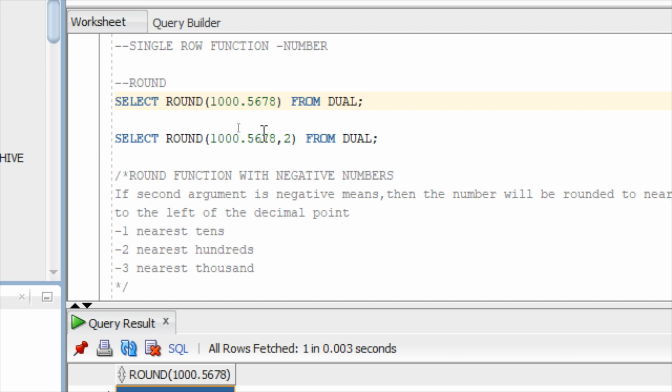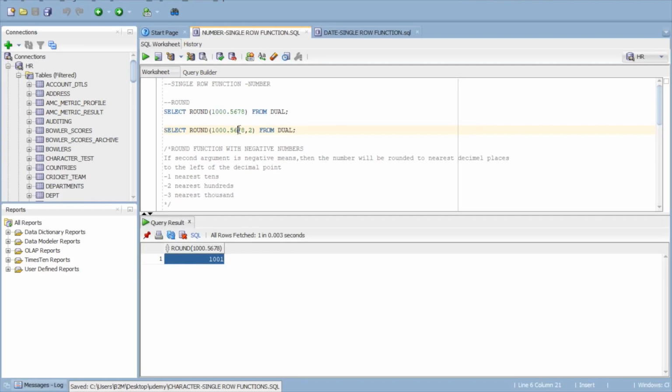It sees the third decimal digit is greater than or equal to 5, so it will add one here. Then your result will come as 1000.57. Now I am going to execute the query, and it comes as 1000.57.